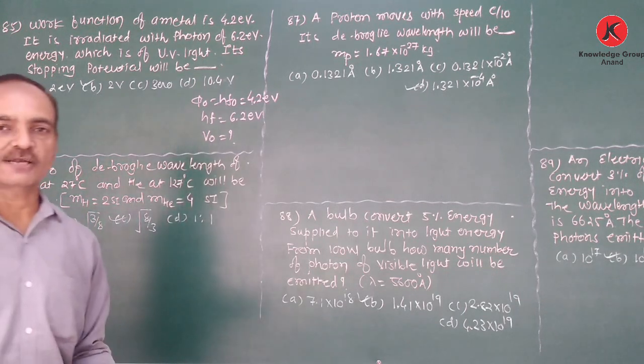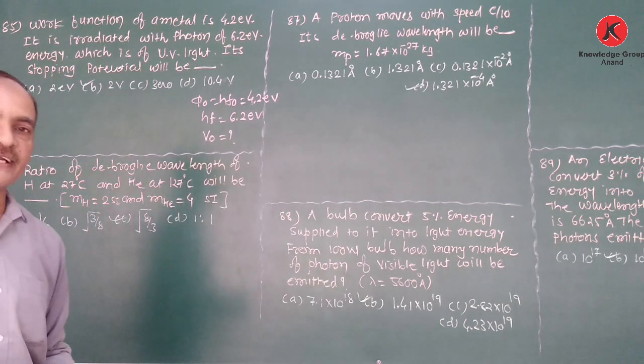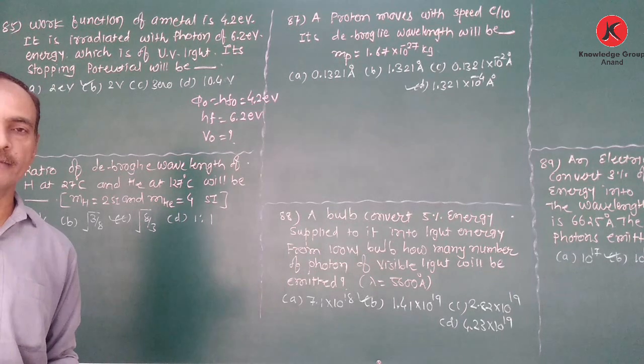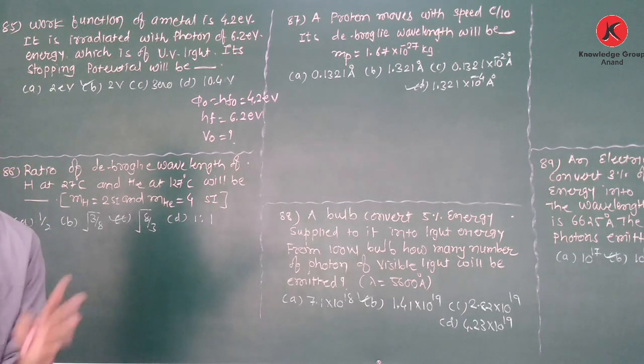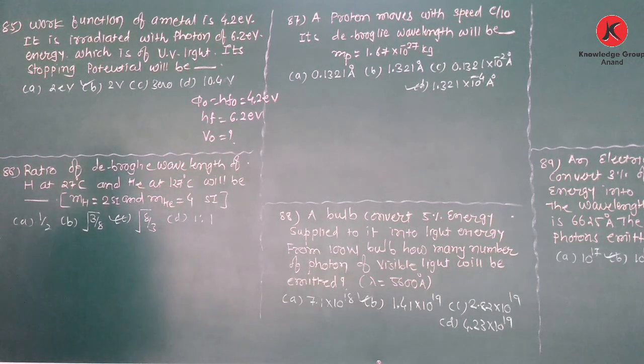Again, the work function of the metal is given as 4.2 electron volt. It is irradiated with a photon of 6.2 electron volt of ultraviolet light. Now, its stopping potential is? We know that the maximum kinetic energy of emitted photoelectrons, half m v square maximum, is equal to eV0, is equal to hf minus hf0.